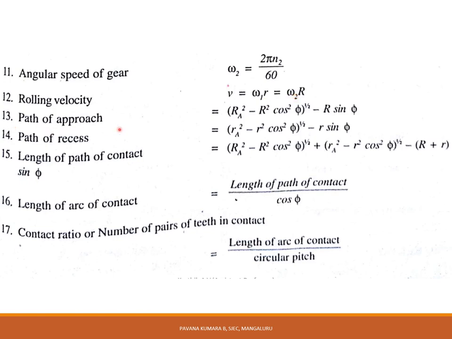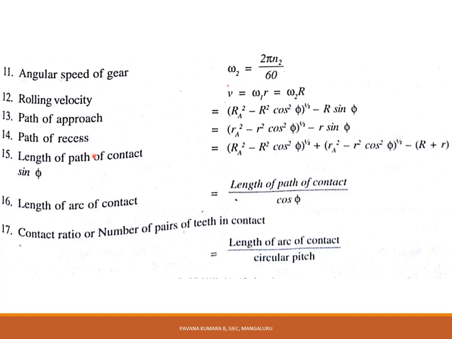For path of approach, use this formula: square root of RA square minus R square cos square phi, minus R into sin phi. Then path of recess, this is the formula, all are small r only. Length of path of contact is a combination of path of approach plus path of recess.